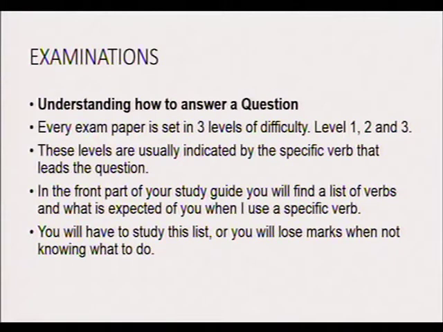At the very beginning of our study guides, you will find a list of verbs and what is expected of you when you use a specific verb. You will have to study this list, otherwise you will lose marks not knowing what to do. So pay attention to that.